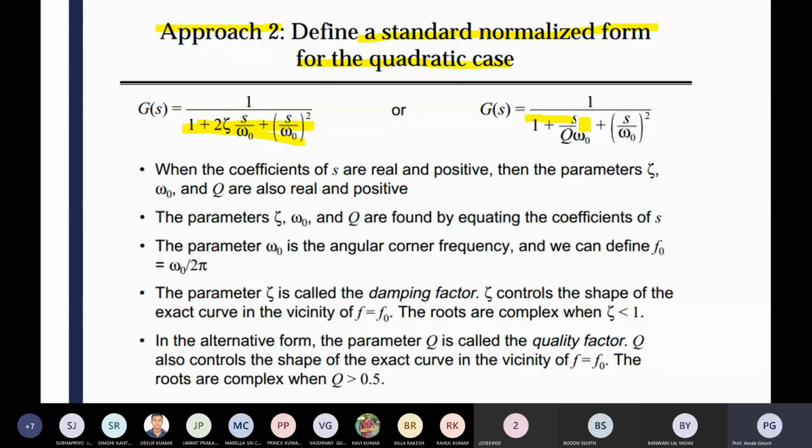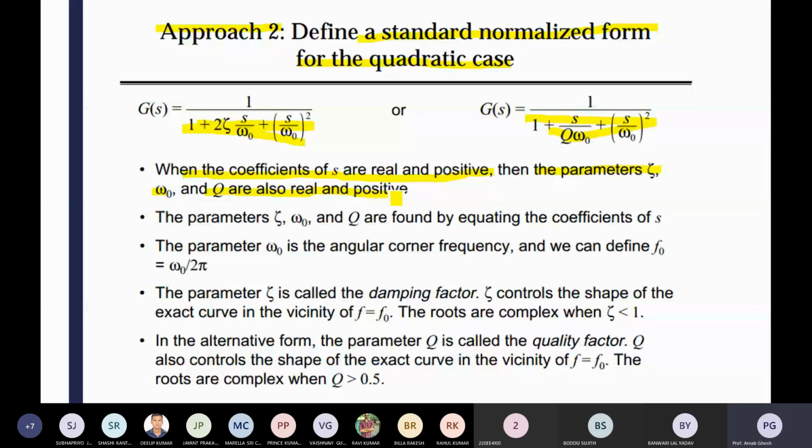Now it is represented in the form of the damping factor zeta and the quality factor Q. When the coefficients of s are real and positive, the parameters zeta, ω0 and Q are also real and positive.